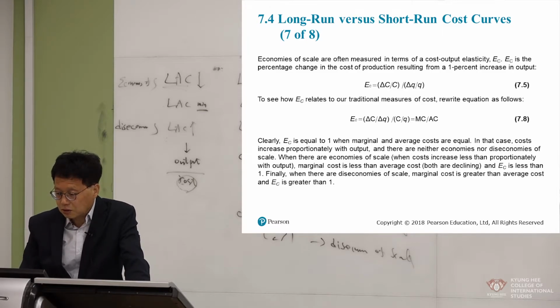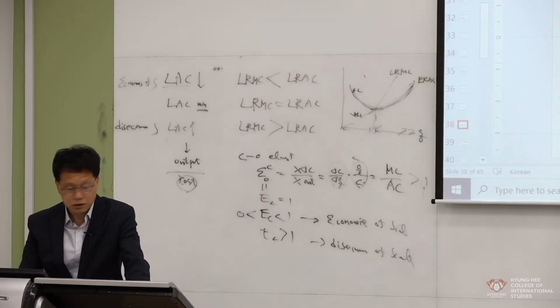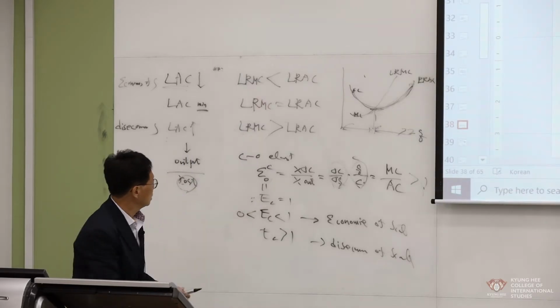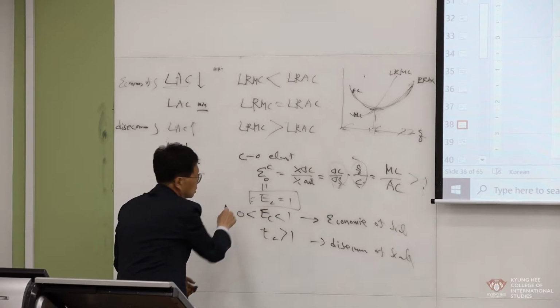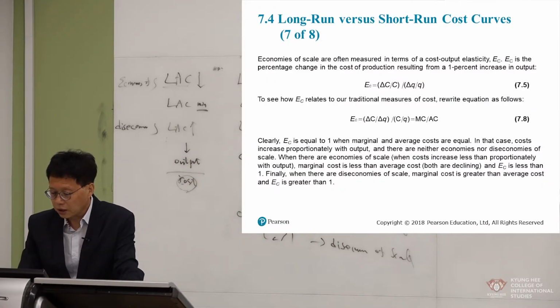Clearly EC is equal to 1 when marginal and average costs are equal. In that case, costs increase proportionately with output, and there are neither economies nor diseconomies of scale.